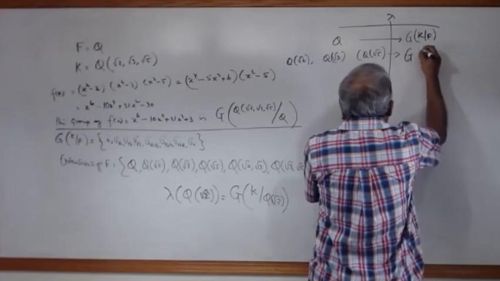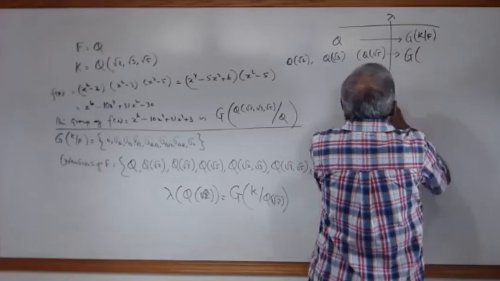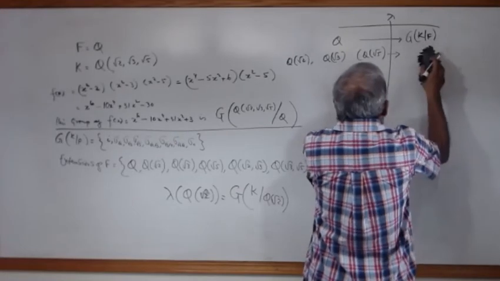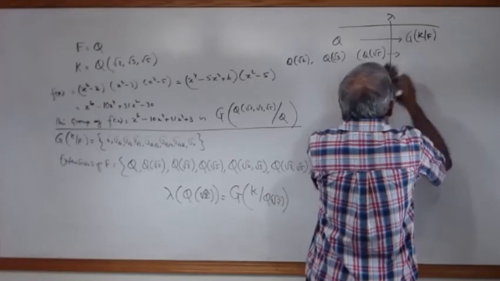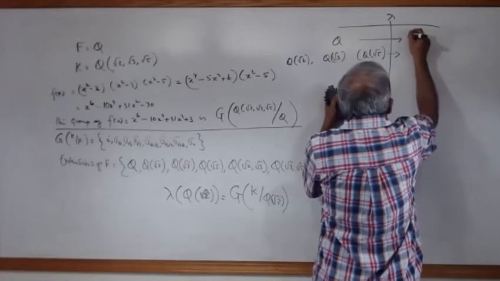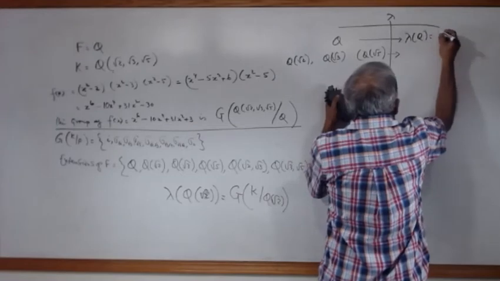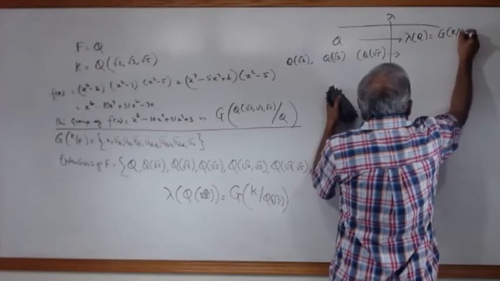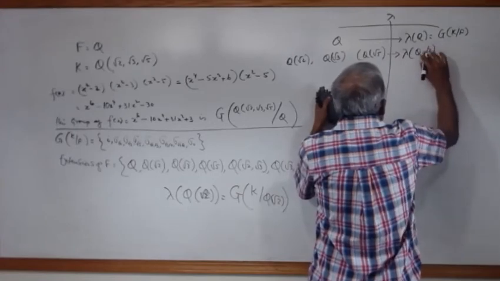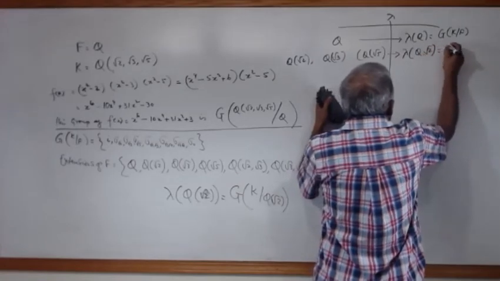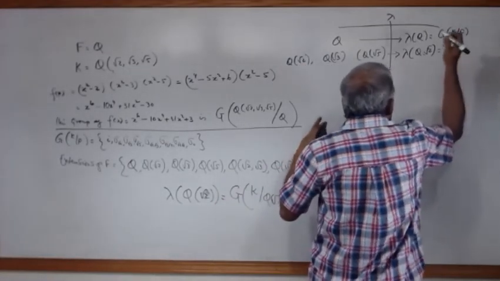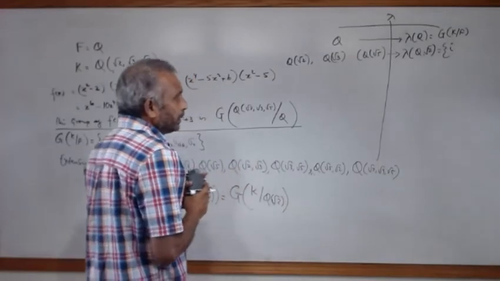Instead of writing the whole thing here, we'll write lambda of Q is equal to G of K over F. Your lambda of Q root 2 is equal to, definitely I will be there because that is going to fix Q root 2 always.